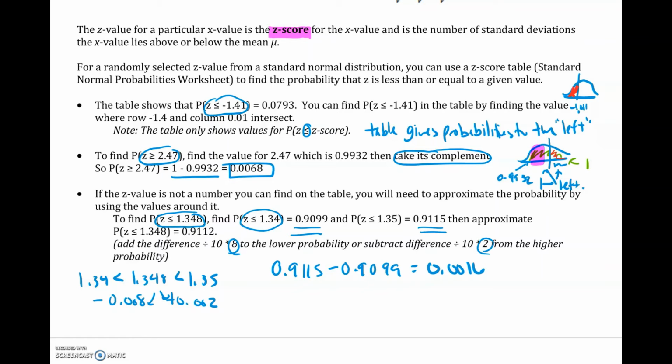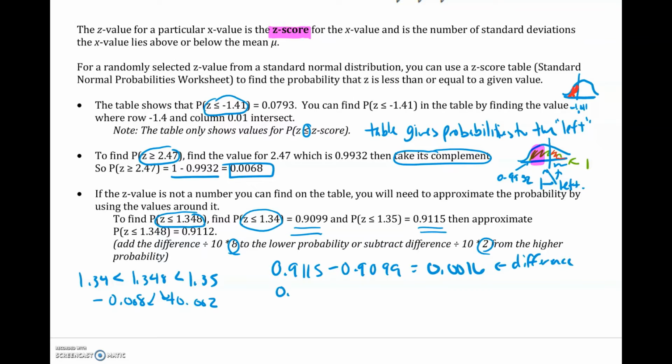Okay, and then what we're going to do with this difference is divide it by 10. And why are we dividing it by 10? Because if you look, our z-score only goes up to the hundredths place, and we want to go to the thousandths place, which is 10 over. So we're going to divide that by 10. That's the way I remember it.